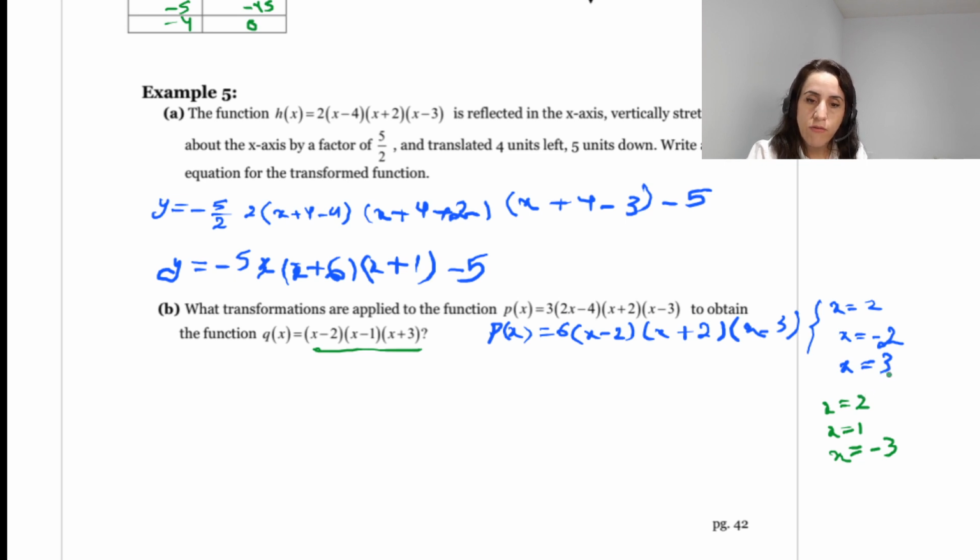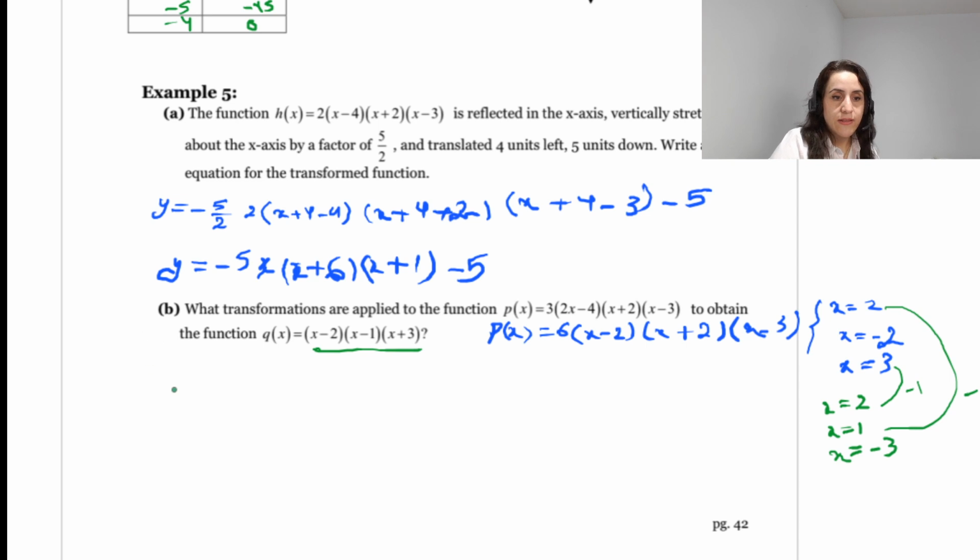The highest one was 3, move to 2. 2 move to 1. Negative 2 move to negative 3. Can I say that for each of them it is minus 1, which means that all of my function is moving 1 unit to the left?